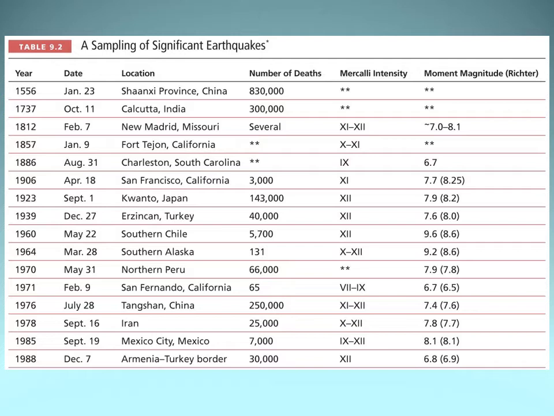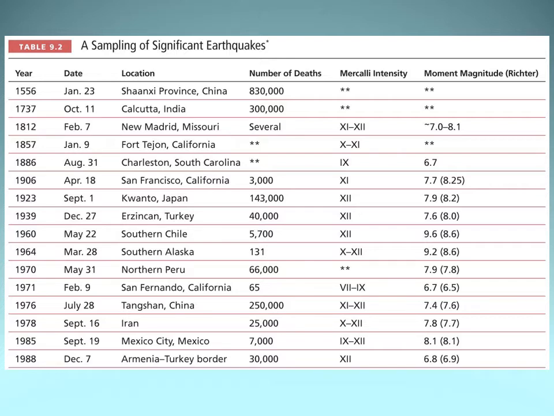Some other interesting ones along this list, and feel free to read this through. The 1906 San Francisco earthquake was the largest earthquake along the northern San Andreas Fault in modern times. And it killed 3,000 people, and it devastated half of the city.